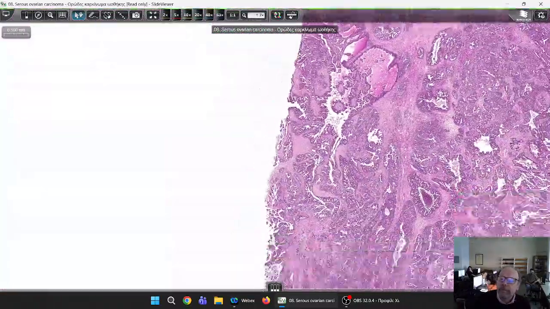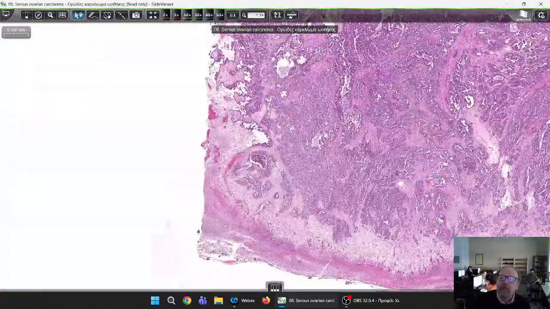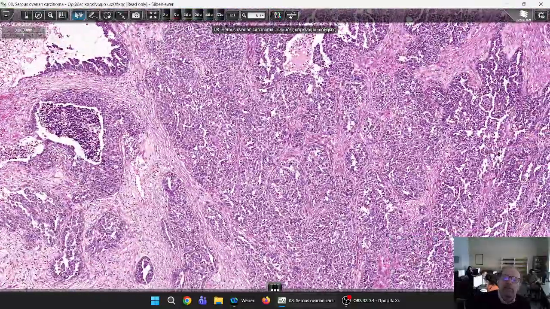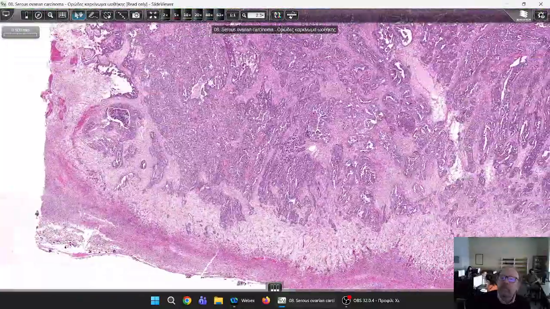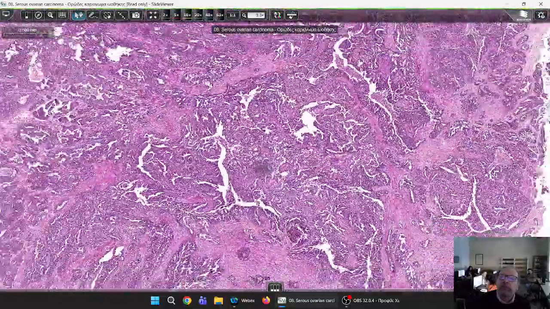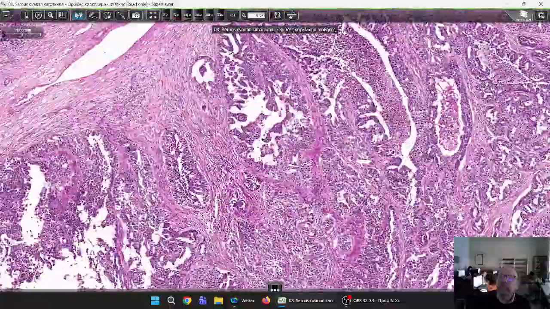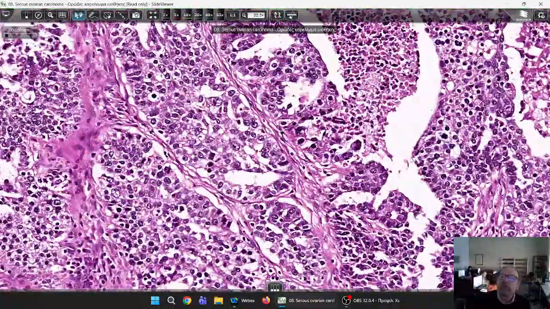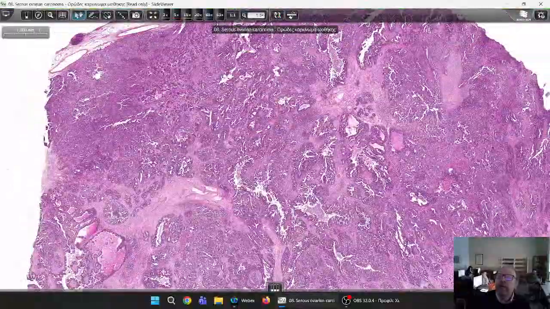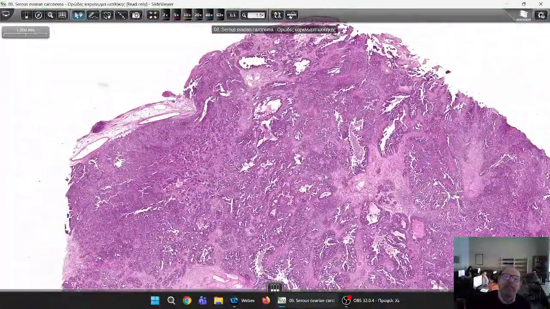Not always, but sometimes you can see calcium deposited in these serous carcinomas. Let me see if there are any psammoma bodies here. I'm not sure. That's not always the case. However, you may find them.